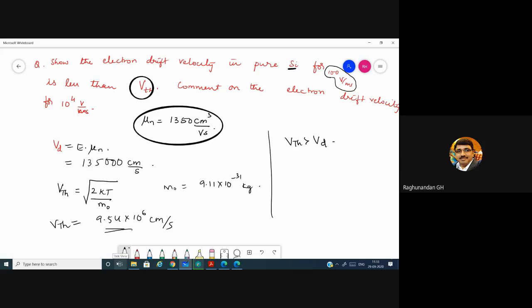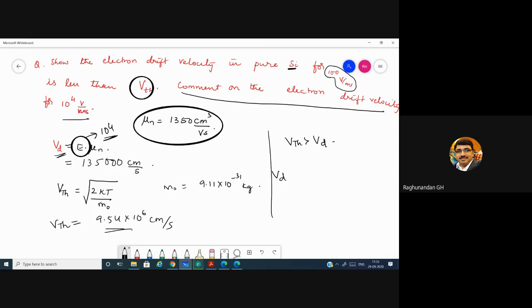After that, they are asking to comment on the electron drift velocity for 10 to the power of 4. What you have to do? If this type of question is asked, you have to consider E as 10 to the power of 4 and find out Vd.